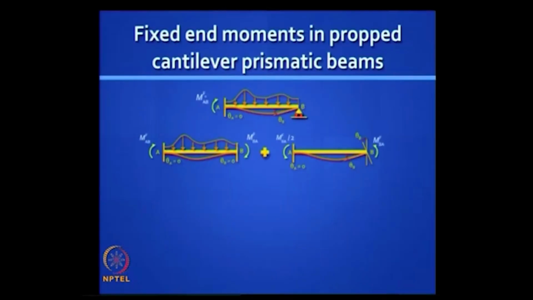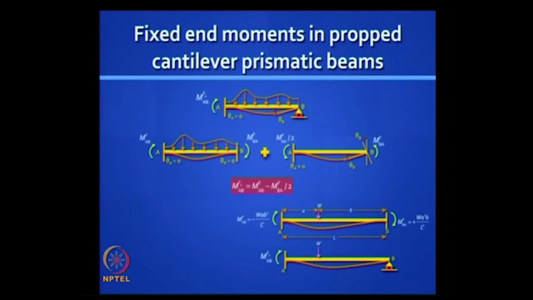So when you do superposition, obviously this is equal to this minus that. If you see it as clockwise positive, it will usually add up. And if it is a symmetric beam, you can easily work it out. So it is easy to remember. If it is symmetric, it is even easier.